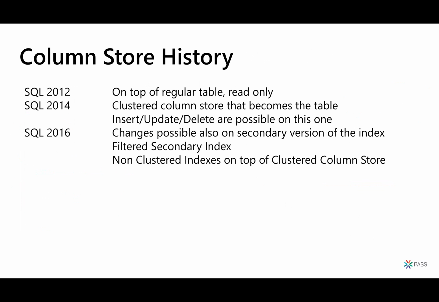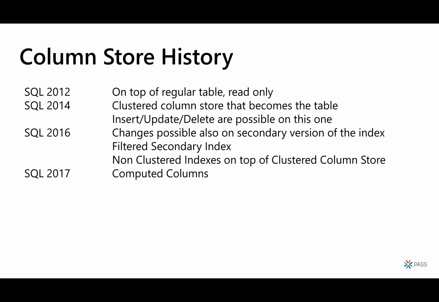Then in 2016, it's now also possible to have the secondary index on top of a regular table to be modified. You could make filtered secondary indexes, so you're not indexing the whole thing, and non-clustered indexes on top of column store indexes, which is one of the mistakes we use that, and that was a really big mistake.